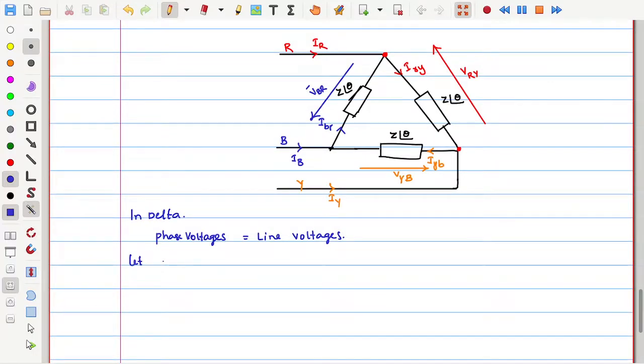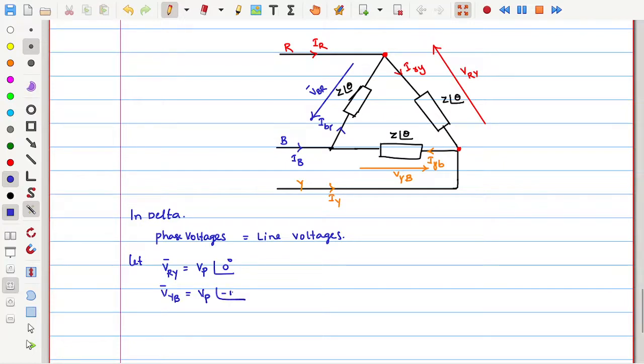Now let those voltages be like this. If VRY is equal to VP at an angle 0, then what about the next phase voltage or line voltage? By this time you should be in a position to write it. The magnitudes remain same.